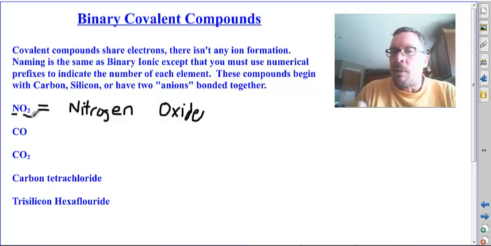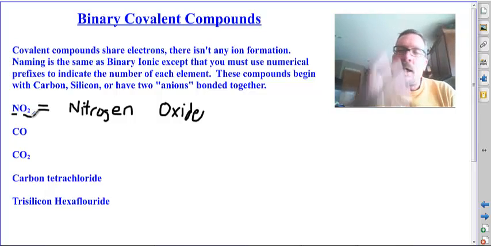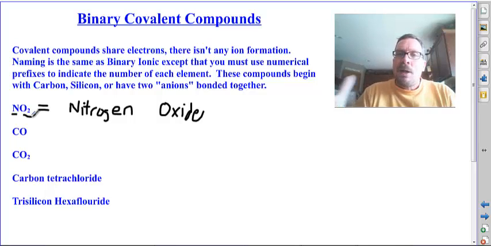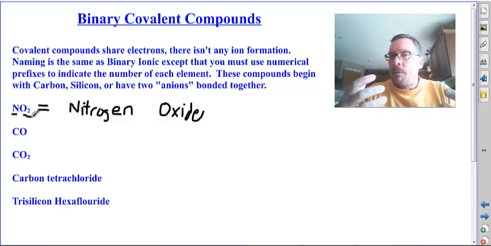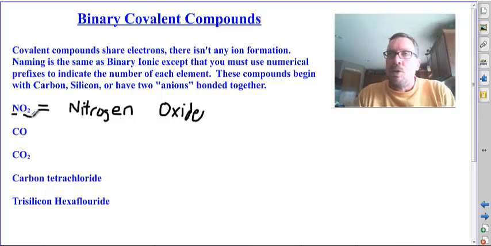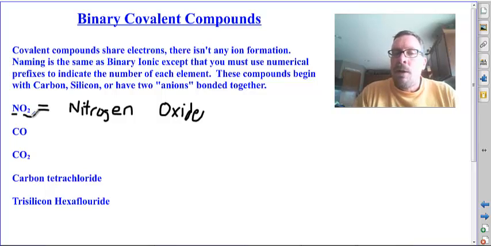In ionic compounds, you knew the charge of the cation and the anion, and you would put together as many atoms of each element as you needed until you neutralized the charge. Covalent compounds start out as neutral compounds, so you need numerical prefixes to indicate how many of these are put together and sharing.